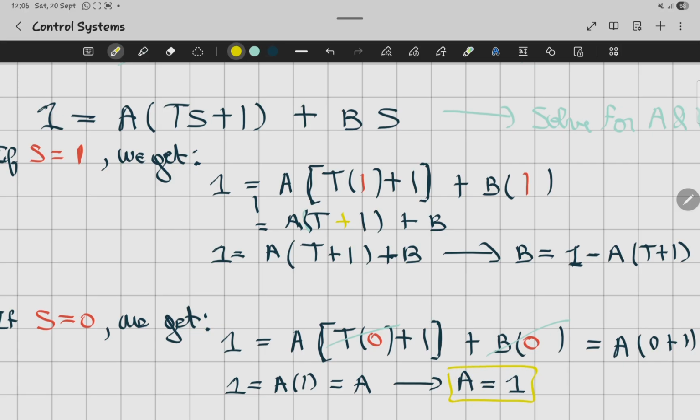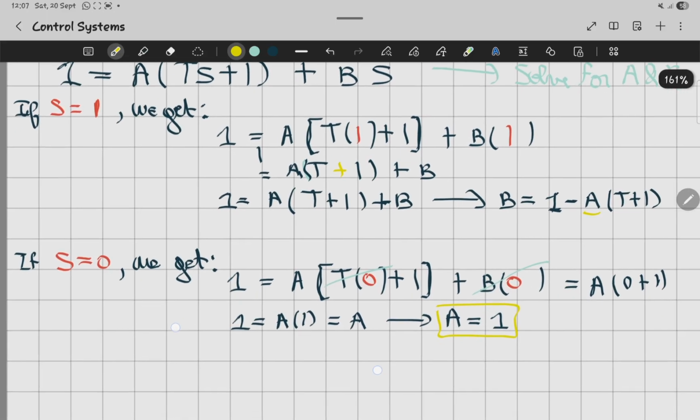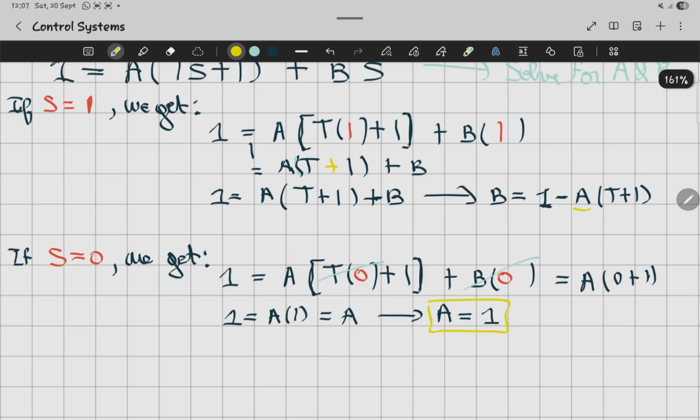Since a equal to 1, we're going to replace into b, so then we can solve for b. If a equal to 1, what's gonna be b? We know b equal 1 minus a times (t plus 1).